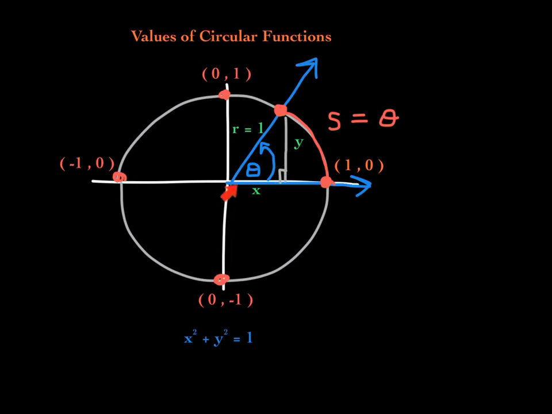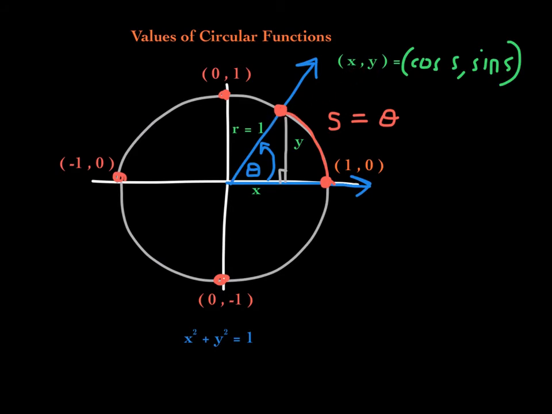This horizontal distance here is x, from the origin to where the perpendicular meets the x-axis. This distance here is r, which is the radius of the circle, equal to 1. Now this point on the unit circle has coordinates x comma y.